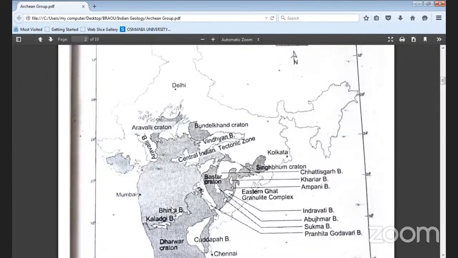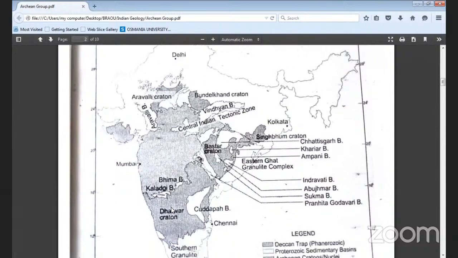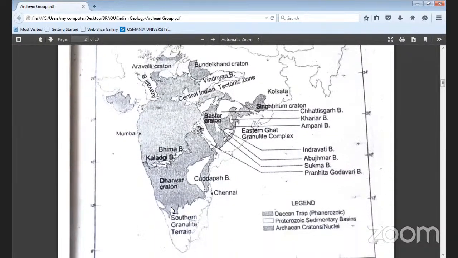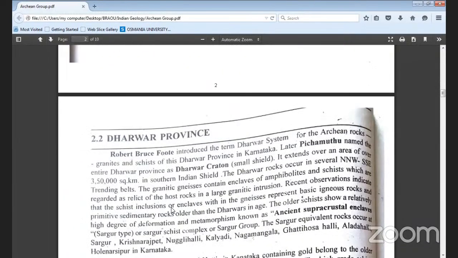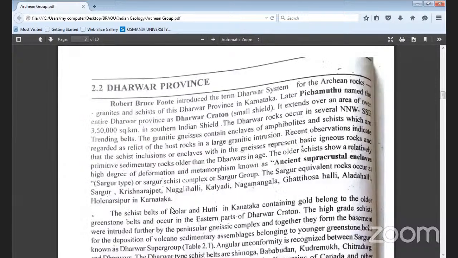Here again, our India is divided into different cratons like Aravali craton, Bundelkhand craton, Singhbhum craton, Bastar craton, and Dharwar craton. Let us see these five types of Archean provinces.